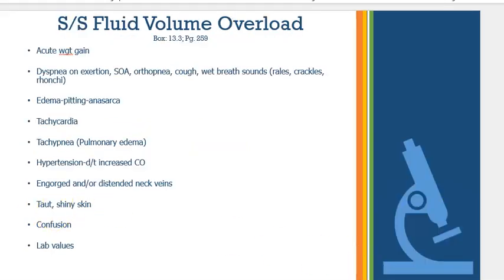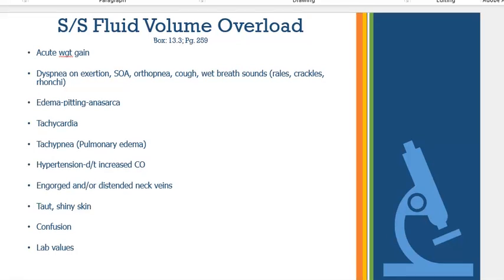So here are some more signs and symptoms just for the fluid volume overload. If you look on page 259 in box 13.3, it gives you all of these. Most of your issues with fluid volume overload are related to the excessive fluid in the vascular space, which causes a dilution of the electrolytes and blood components.